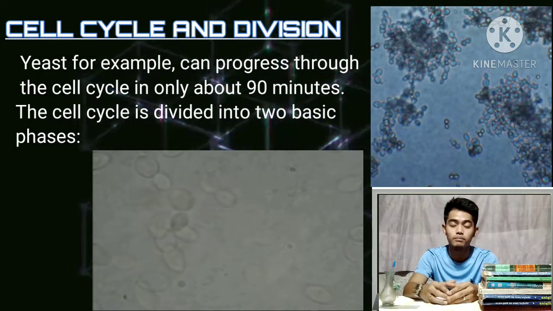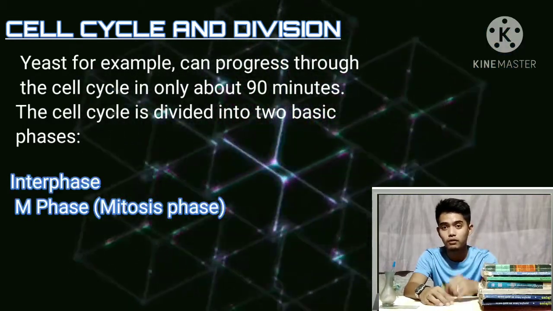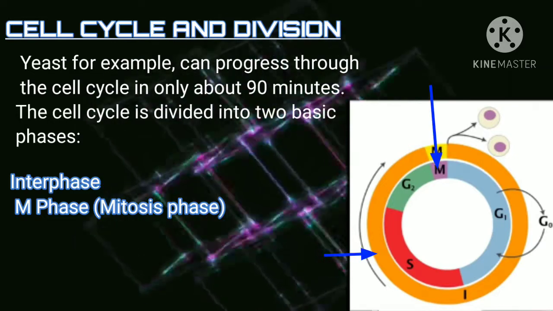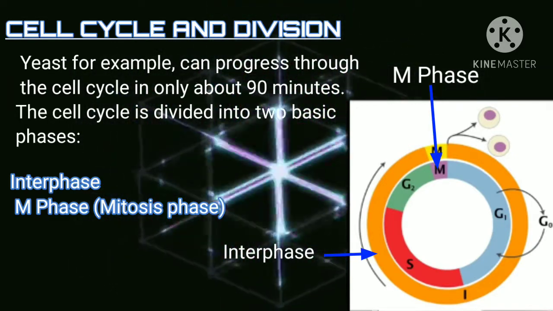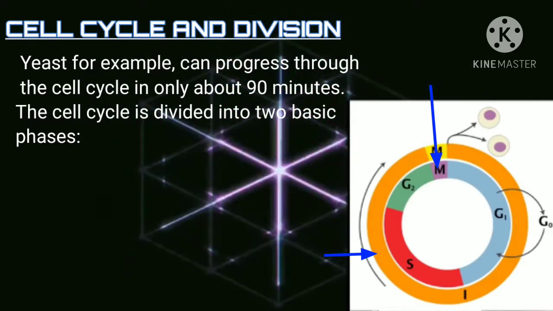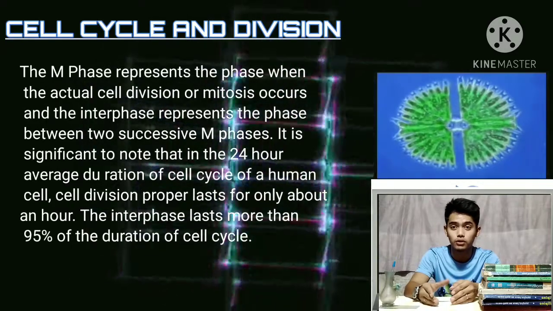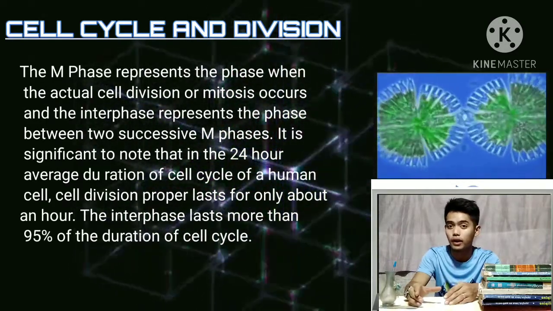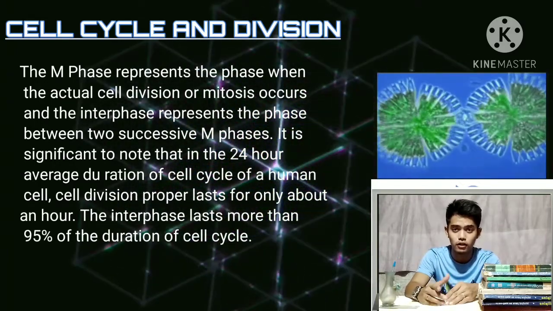The cell cycle is divided into two basic phases. First is the interphase. The second one is the M phase or the mitosis phase. The M phase represents the phase when the actual cell division or mitosis occurs, and the interphase represents the phase between two successive M phases.